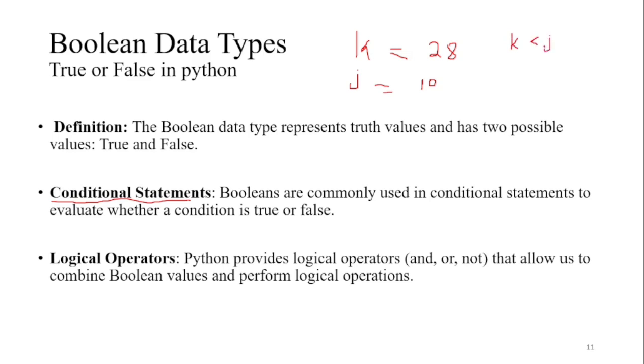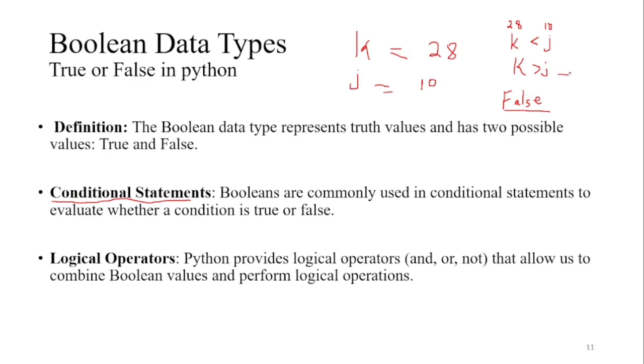So these are conditional statements. It's going to compare these two variables. My K is 28 and my J is 10. So it's going to check, is 28 less than 10, which is false. So it will give me an output of false. That is for the Boolean data type. We expect to get two possible values, either false or true. Or we can say K is greater than J, that is 28 is greater than 10, which is true.